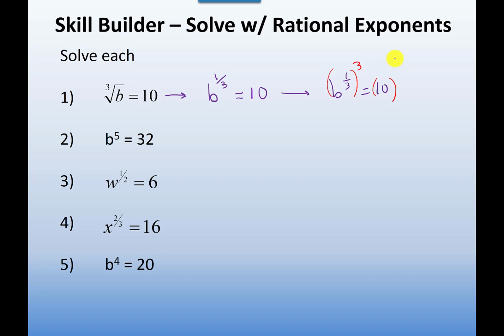So this is similar to the last one I solved, but in this case, the exponent I needed was a whole number. And so when I've done that, then I get 1/3 times 3, a third times 3 is 1. So b to the 1 power is b. And 10 to the 3rd power is 1,000. So I just solved that equation.